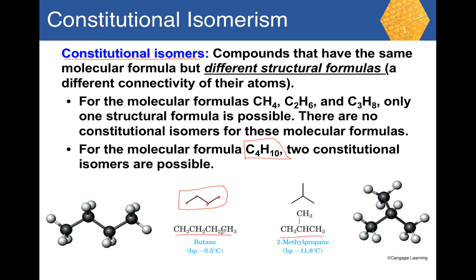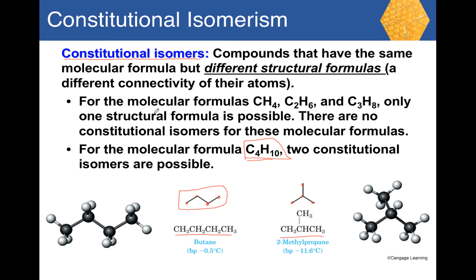We can also write C4H10 like this. CH3, CH, CH3, CH3. That has the same molecular formula, but notice the connections between the carbon atoms are different. So these two molecules are isomers.